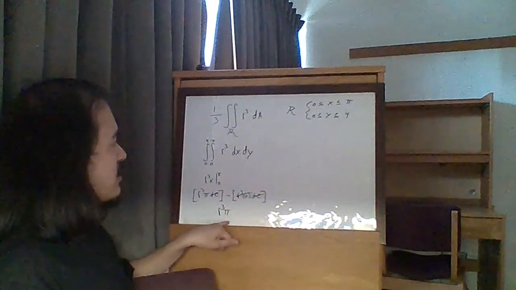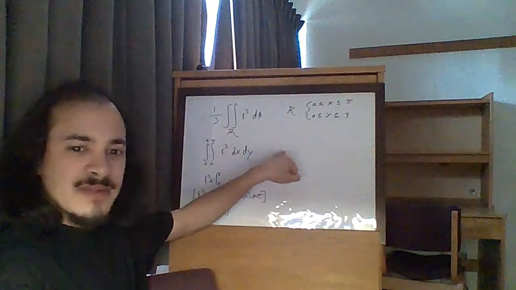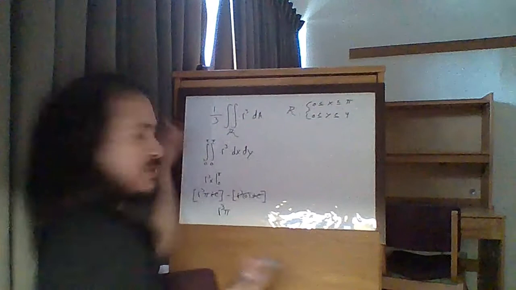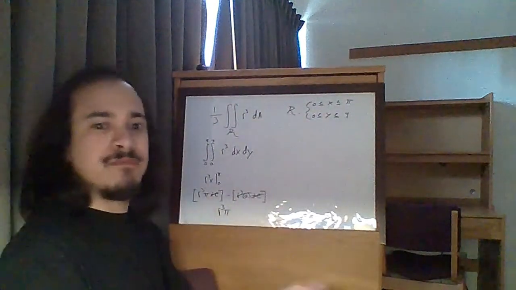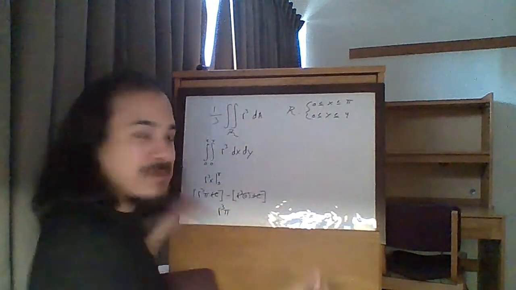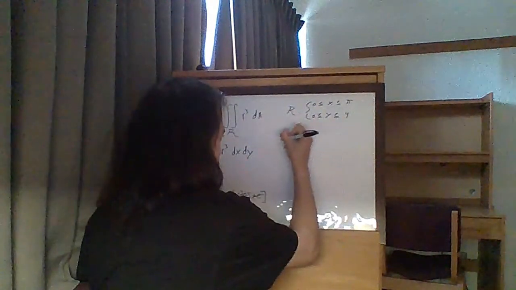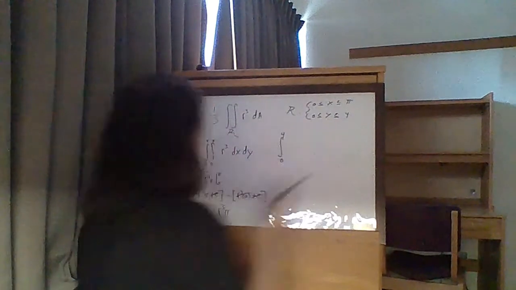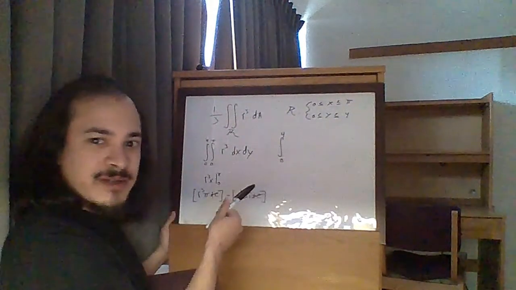And this right here goes in for our next integral, which is the iterated integral from 0 to 4, which is this one here.